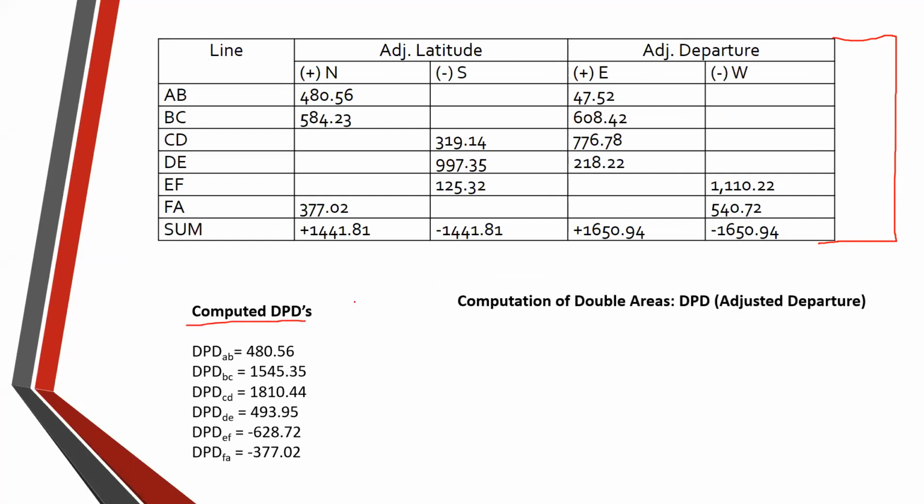Next is we need to compute for the double areas. For the double areas, that is DPD times the adjusted departure. Okay? So, yung DPD natin, 480.56 times yung departure natin, that is 47.52.